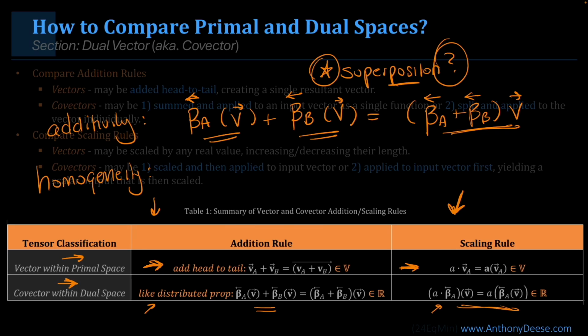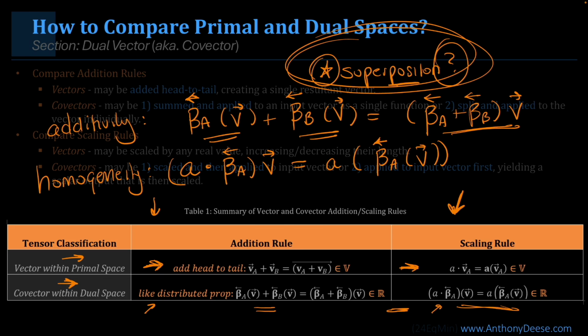So what we can do is take a value A and multiply it by our covector beta A, and then multiply it by our vector V, and that should give us the same value as if we were to take the value A and multiply it by the scalar value generated by applying beta A to the vector V.